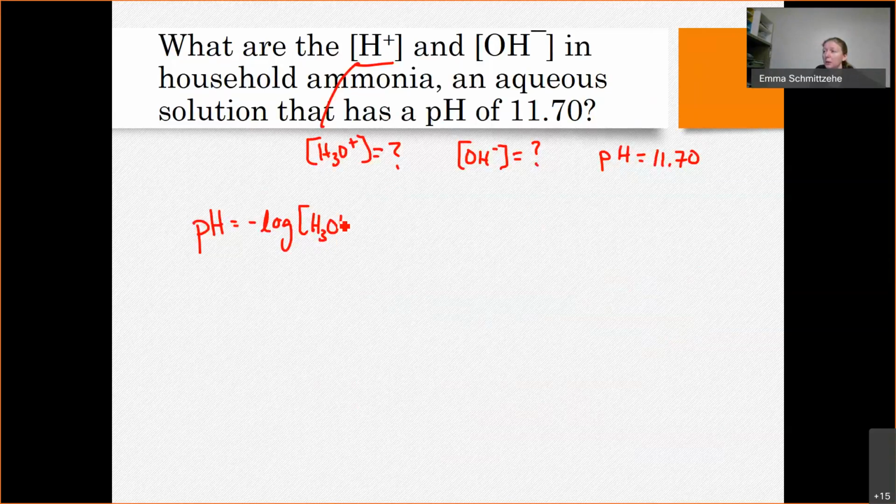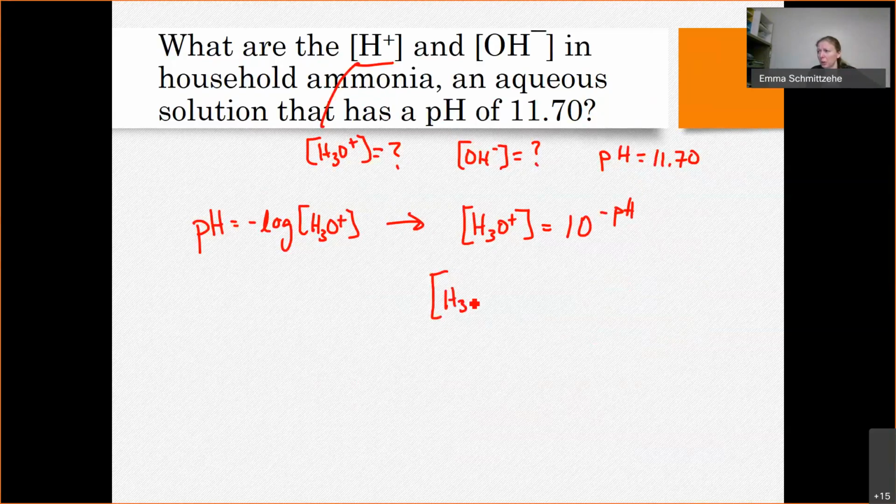And the rearrangement of that equation is that H3O plus equals 10 to the negative pH. So you just need to plug that in. So your H3O plus is going to be equal to 10 to the negative 11.70.